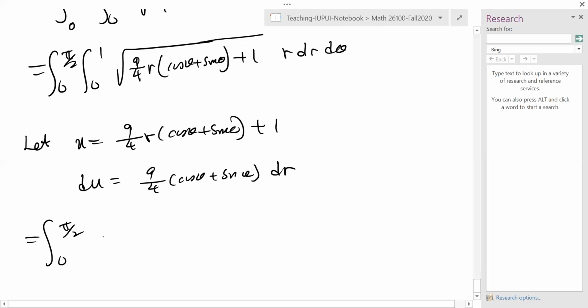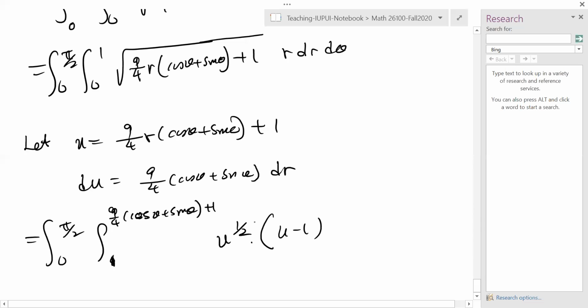So when r equals 0, u is just 1. When r equals 1, it's 9 over 4 (cosine theta plus sine theta) plus 1. And here's u to the 1/2. How about r? r is going to be equivalent to u minus 1, but you have to divide by the constant, right?